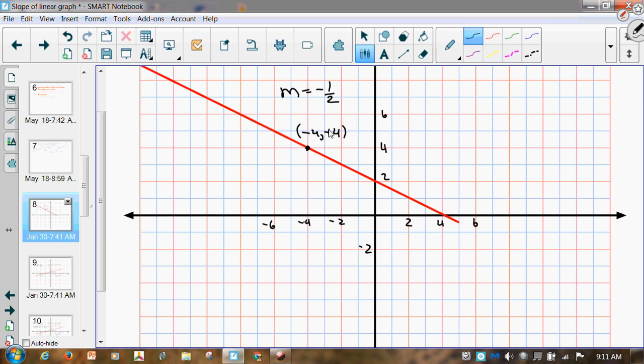Okay, so how do we calculate this equation? What we do is we take the slope value and we apply it to the equation.